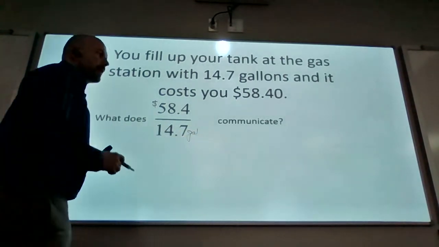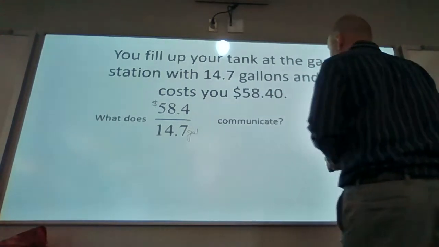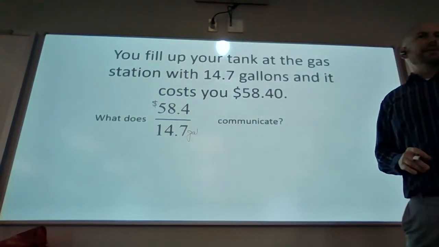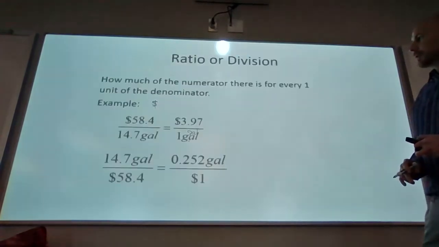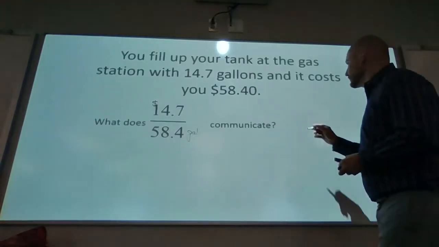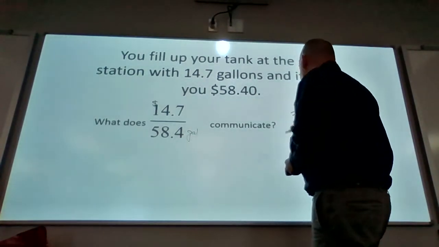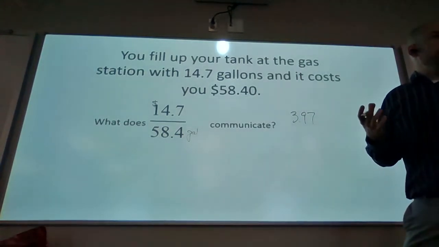If we were to actually do this on a calculator, I think it's $3 and hold on, I'm gonna cheat here. $3.97. Okay, that's what our calculator would tell us.